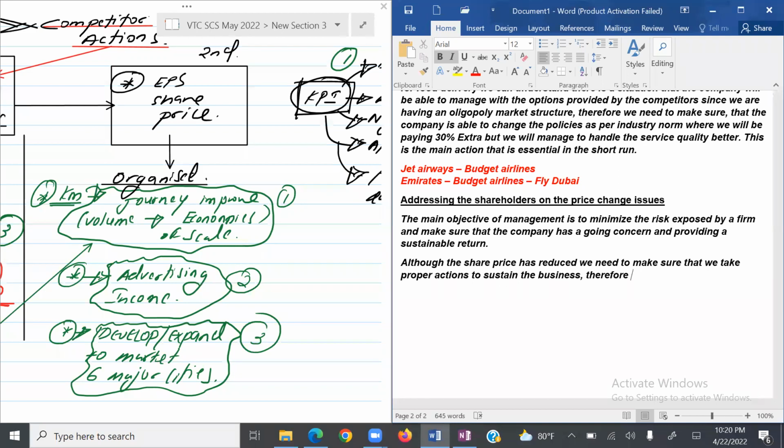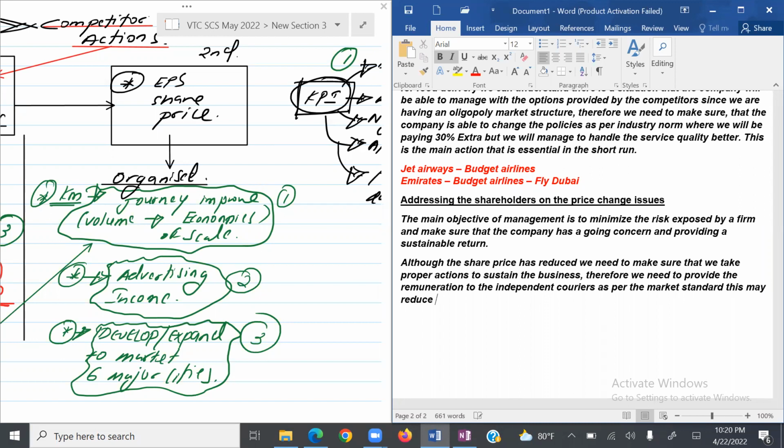Therefore, we need to provide the remunerations to the independent couriers as per the market standard.